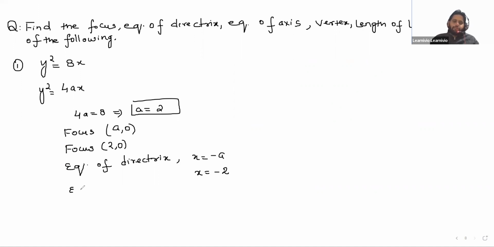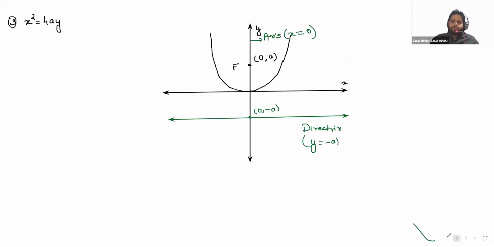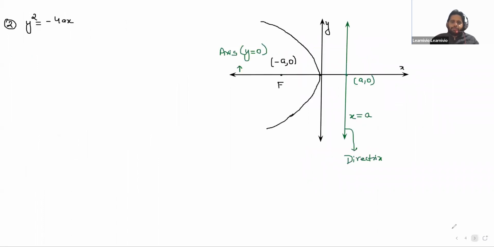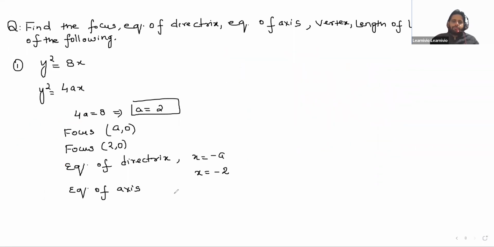Next is the equation of axis. Rutvika, what is the equation of axis? Take the graph. In this case, this is the axis, the x-axis. So what's the equation of the x-axis? Y is equal to 0.